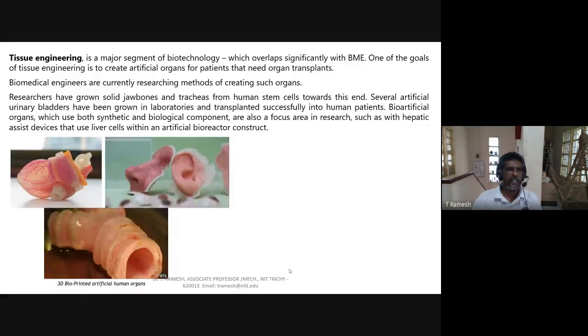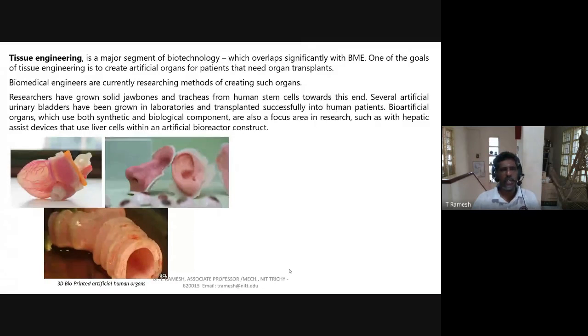Then another important area is tissue engineering, which is a major segment of biotechnology. This overlaps significantly with biomedical engineering. See, one of the goals of tissue engineering is to create artificial organs for patients that need organ transplants. So now you might have heard news about organ transplantation from artificial organs, by developing artificial organs.